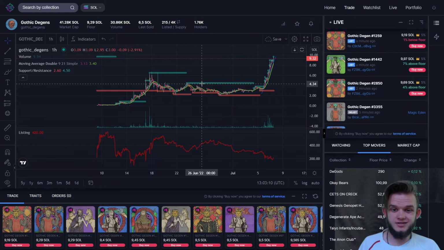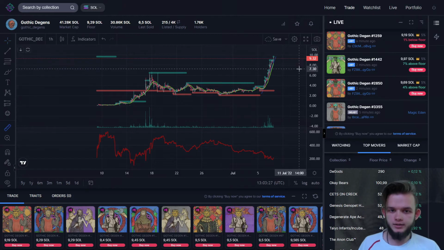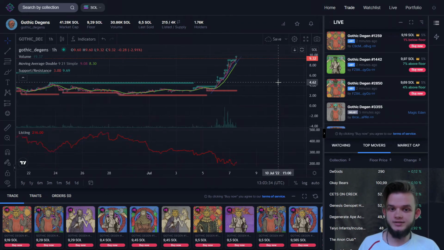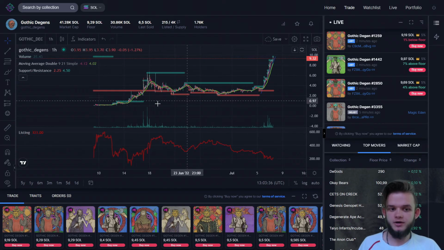So we've got two resistances here, one at 4.5, another at 6.4, and we can think that if they break these two strong resistances that we dumped on 3 times, we can grow up a lot, around 50% from here. And this is how you can earn money on technical analysis, even on the NFT market.